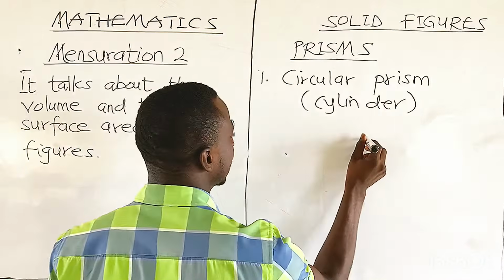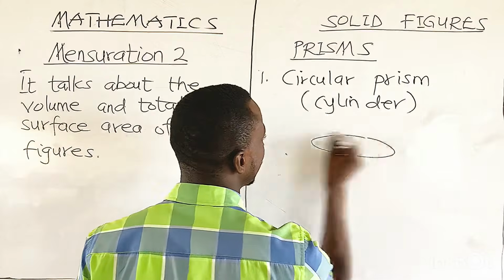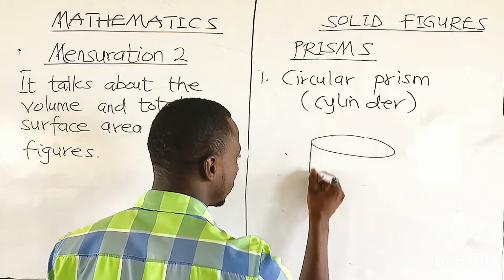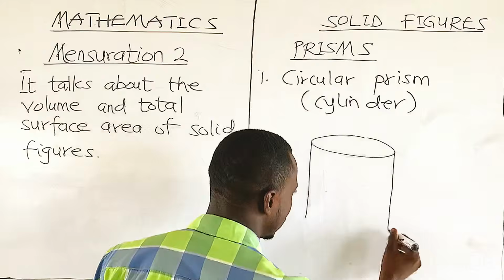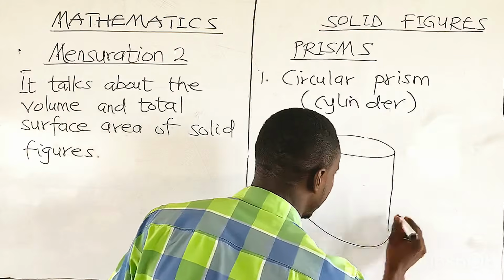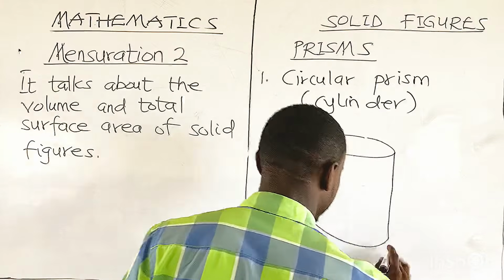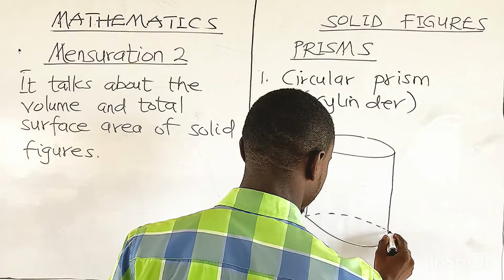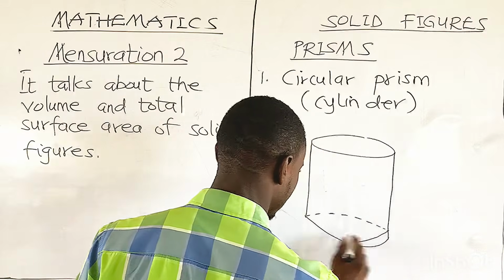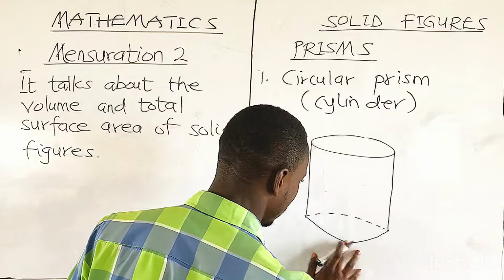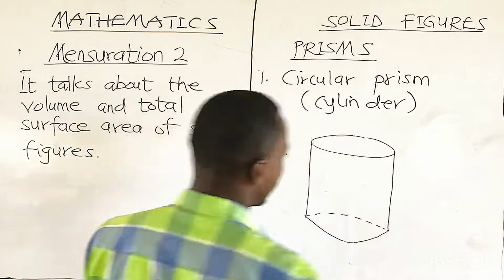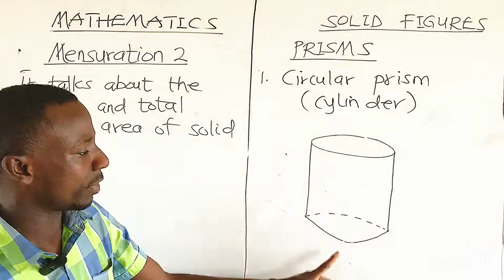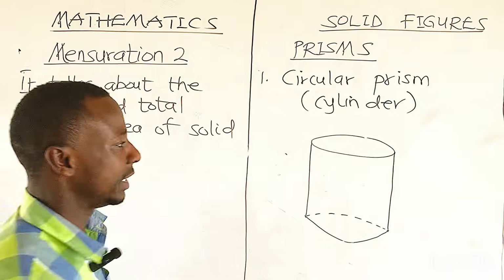A cylinder looks like this. So we have a circular top and then a circular base.